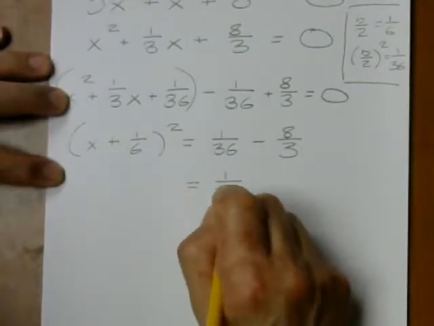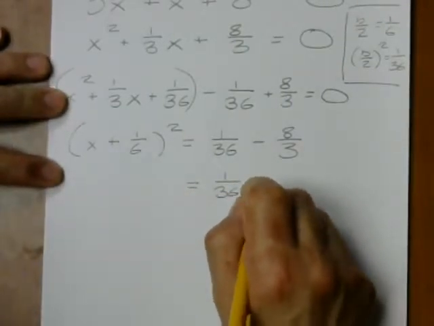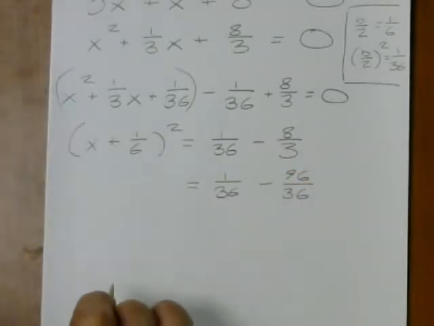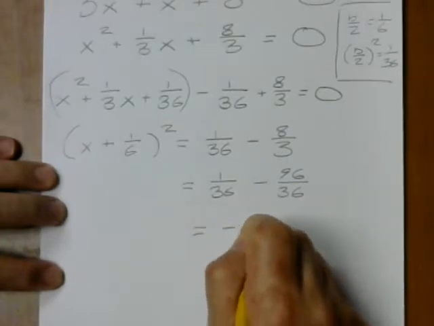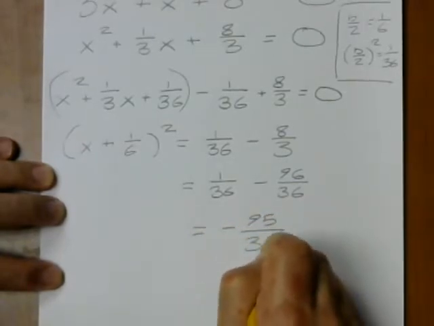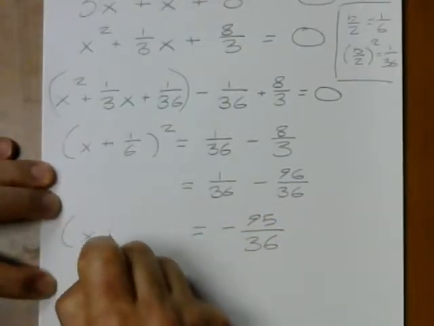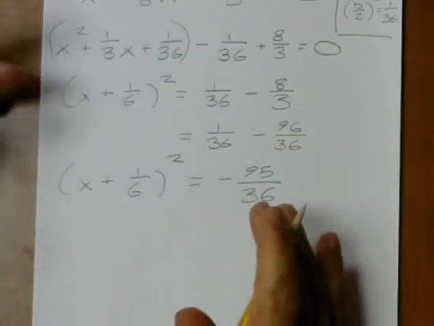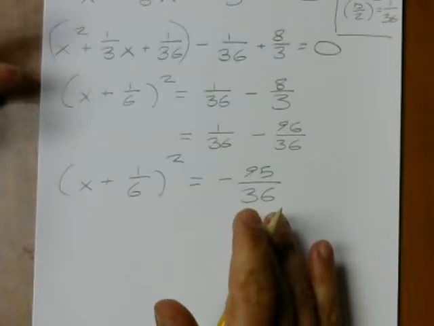That's going to be 1/36 minus 96 over 36. Minus 95 over 36.